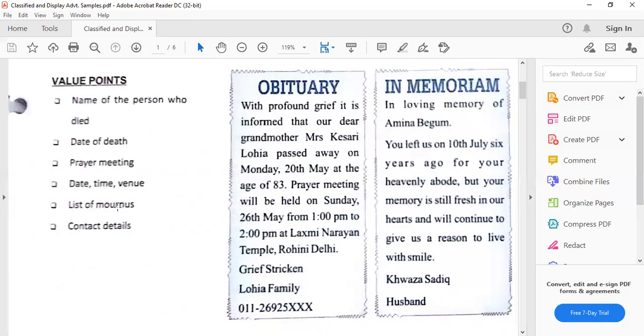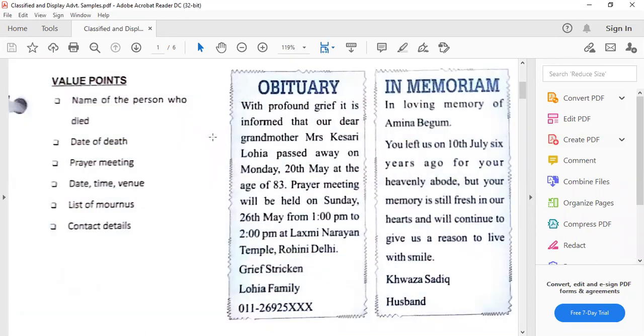Then list of mourners. Mourners means those members of the family who are in sad mood. Mourners means जो परेशान हैं या दुखी हैं, शोकग्रस्त जिसको कहते हैं, members. Then contact details, your address and your contact number. You can see the samples.